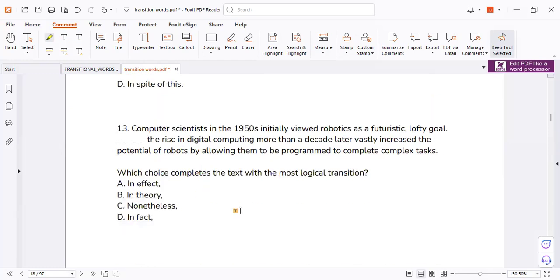Number 13. So I think it's in theory. So you think it's letter C or B? No, B. And do you know what in theory means?